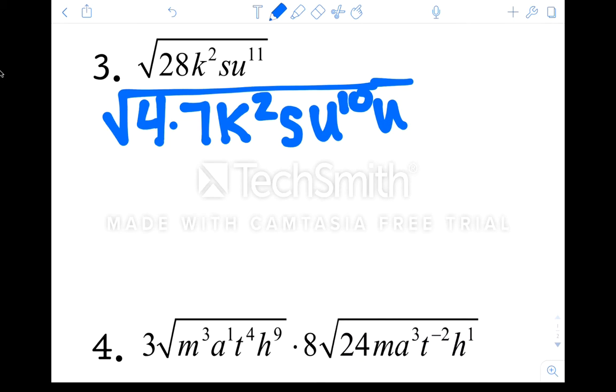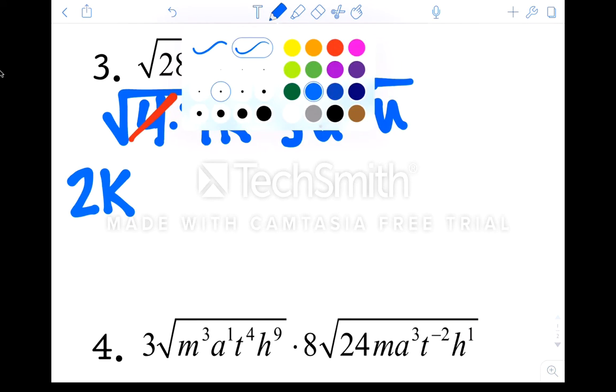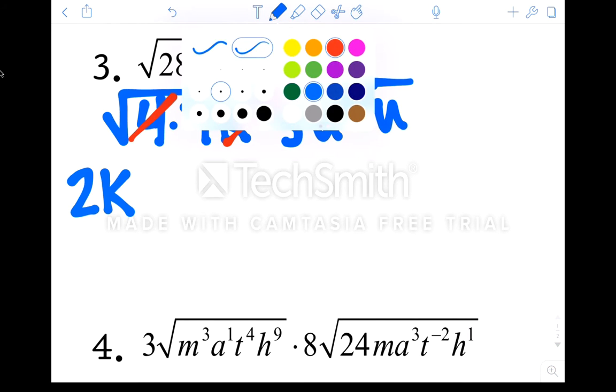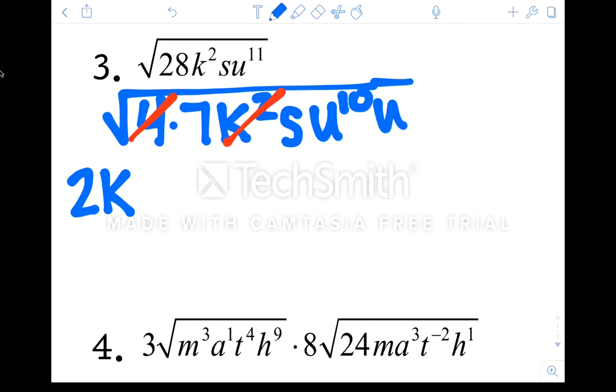Now let's go ahead and take out those perfect squares. So the square root of 4 is 2. Let me go ahead and cross that off. Square root of k squared, 2 divided by 2 is 1, so I have a k. Making sure I'm being very organized and keeping track of all of my variables and numbers.